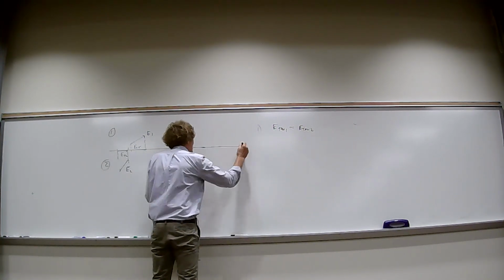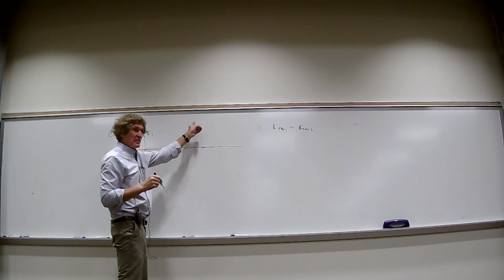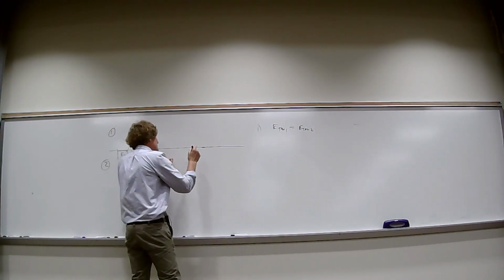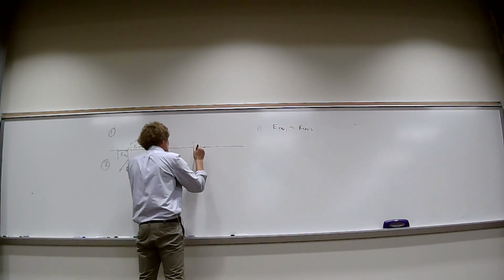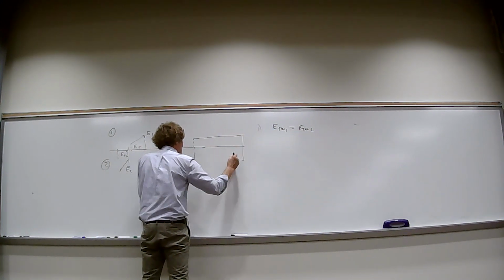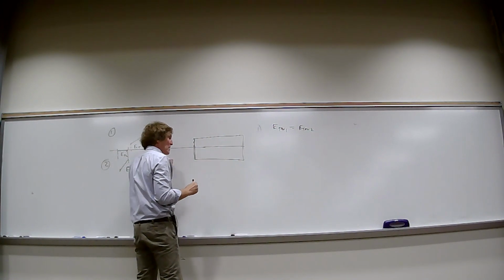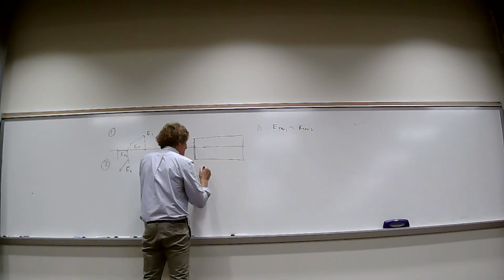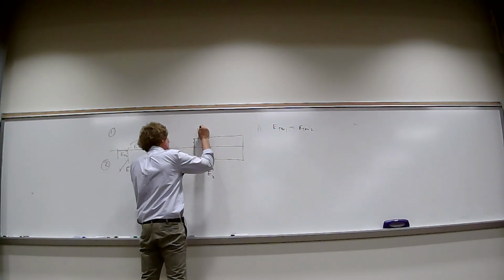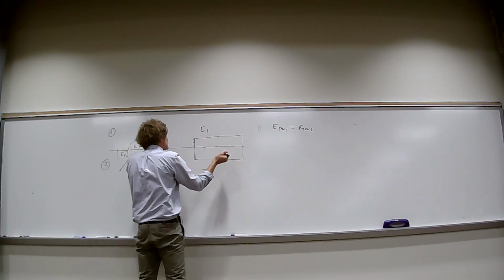Now I'm going to come over here, and the next thing I'm going to do, say medium 1, medium 2. If I say I have a path that looks like this, this is going to be a path right here. And I know I have an E field in region 2, pardon me, and I have an E field in region 1.